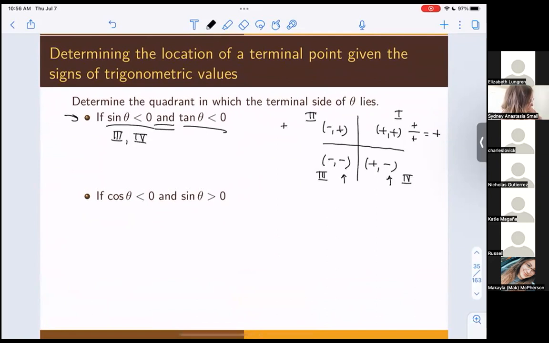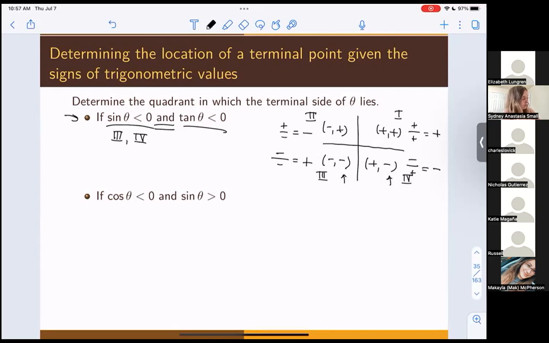A positive divided by a negative is negative. A negative divided by a negative is positive. And a negative divided by a positive is a negative. And y divided by x is how we find tangent. So we want to look at the signs of those 4 divisions there.